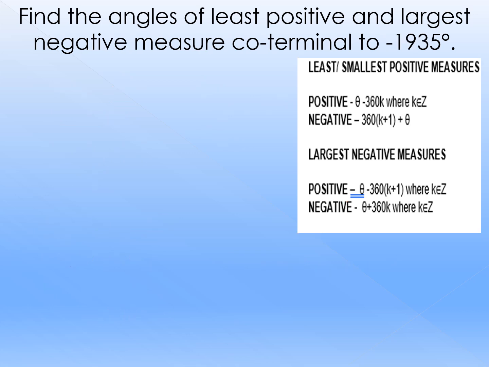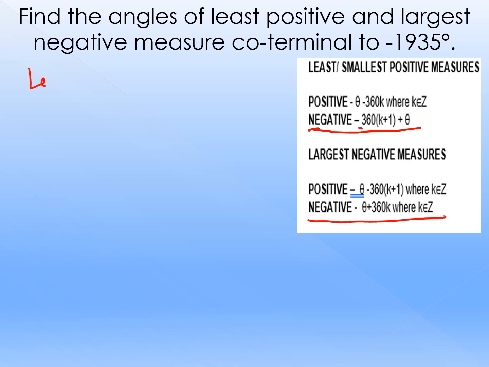Let's try another example. Find the angles of least positive and largest negative measure coterminal to negative 1935 degrees. First, we're going to check the sign of the degree measure, and the sign of our degree measure is negative. Therefore, we will be using the formula for negative in least positive measure and negative for largest negative measure.